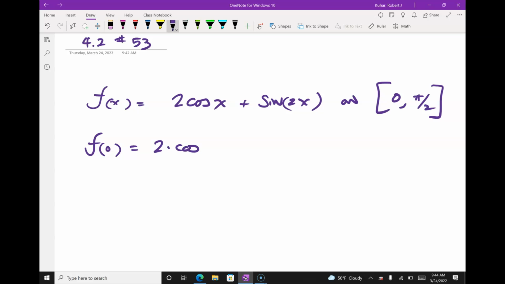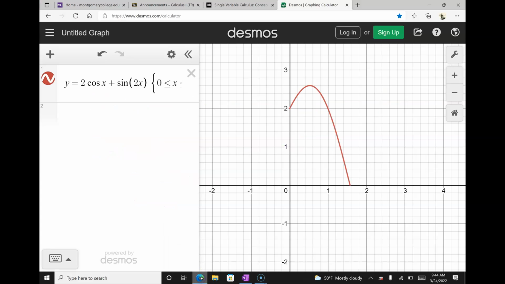That's 2 times cos of 0 plus sine of 2 times 0. Cos of 0 is 1. Sine of 0 is 0. So I get 2. Looking at my graph, I definitely see 0, 2 there, right? I don't have to plot it on my calculator.